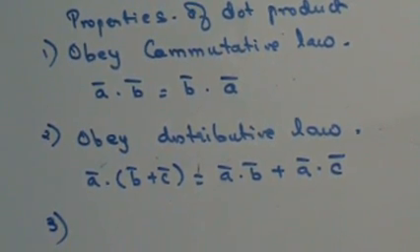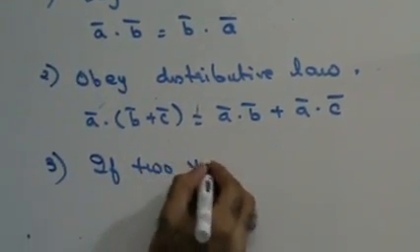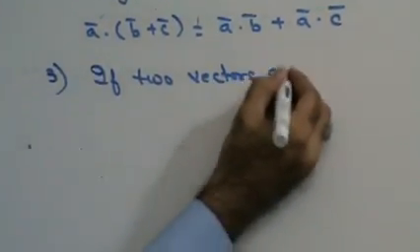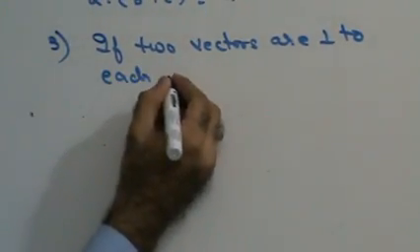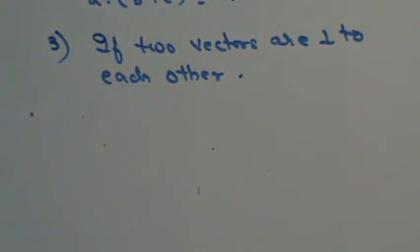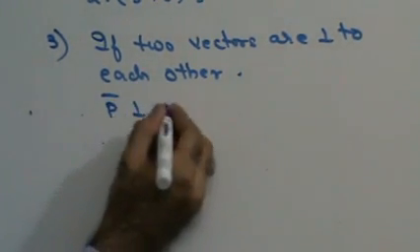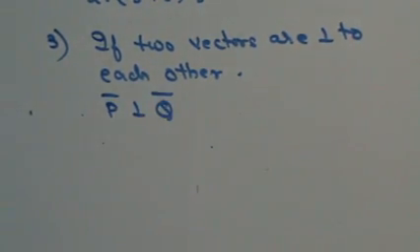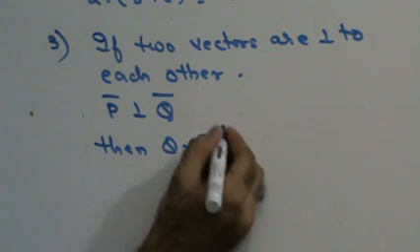Next, if two vectors are perpendicular to each other, what happens? Suppose P vector is perpendicular to Q vector. Then theta will be equal to 90 degree.